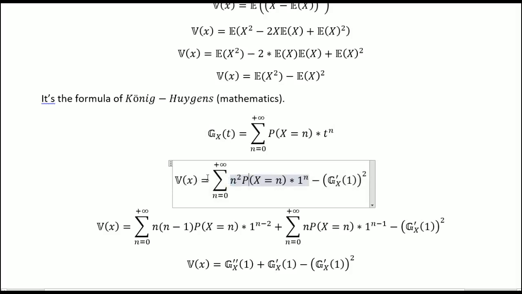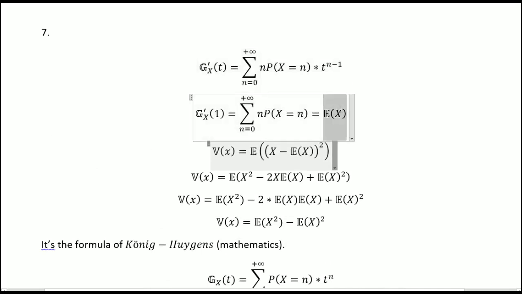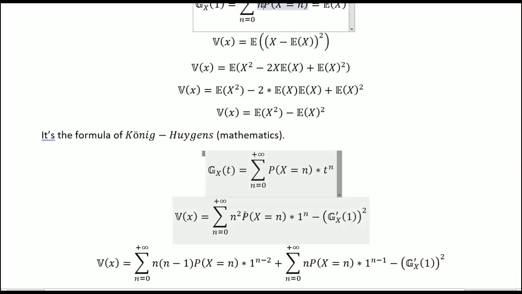So we have the variance that is equal to the expectation of x squared, but we already have the expression of e of x. So by the transfer theorem, we can apply it here. So the n will transform into n squared. So we have our n squared.